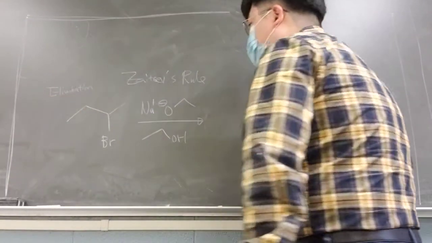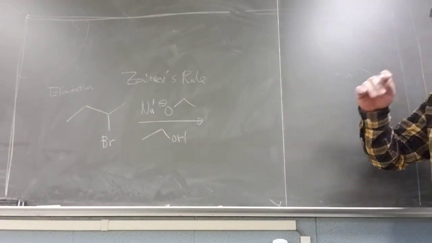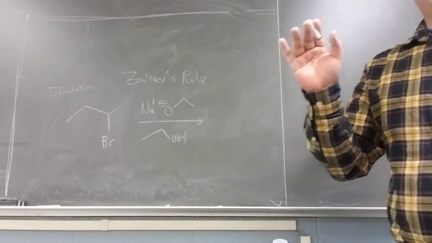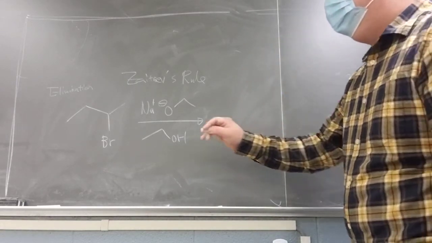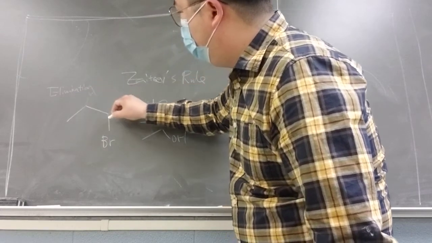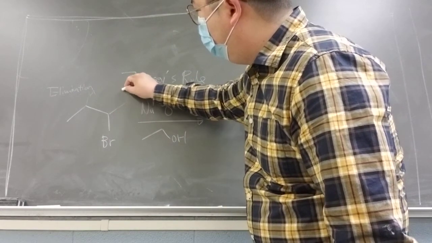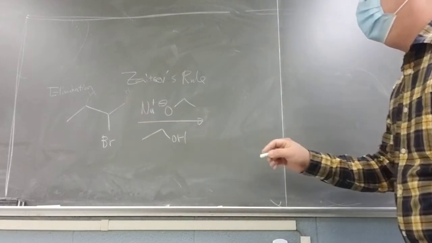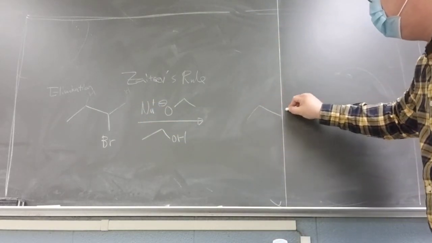Okay, so here what you need to think of is that there will be two products, but there will be a major and a minor. You can have a hydrogen over here, or you can have a hydrogen on the terminal position here.